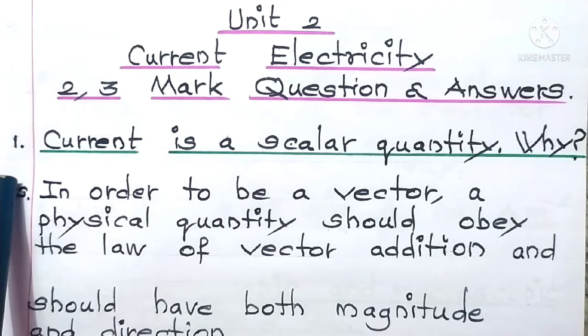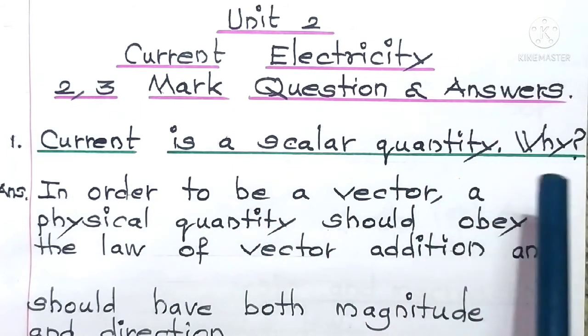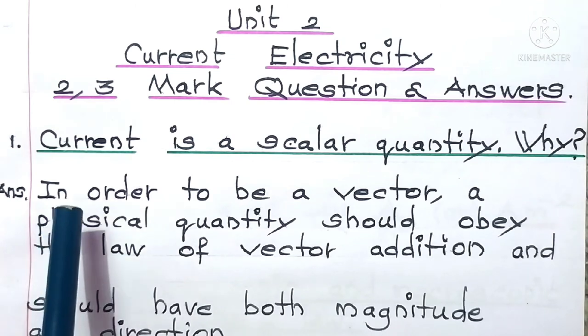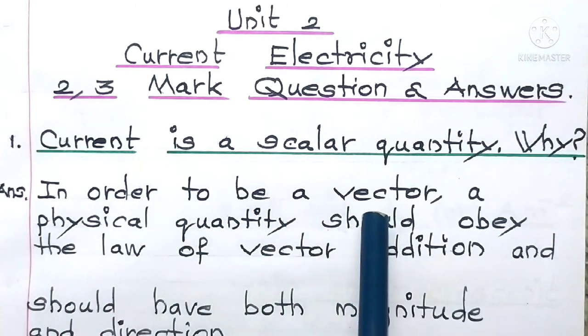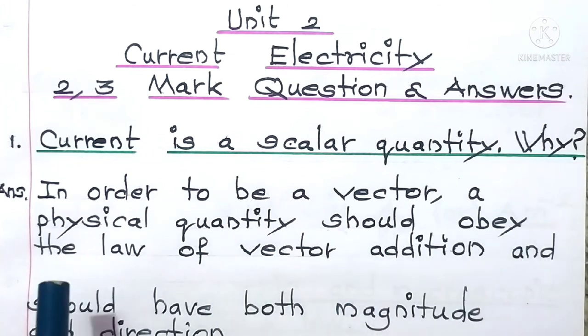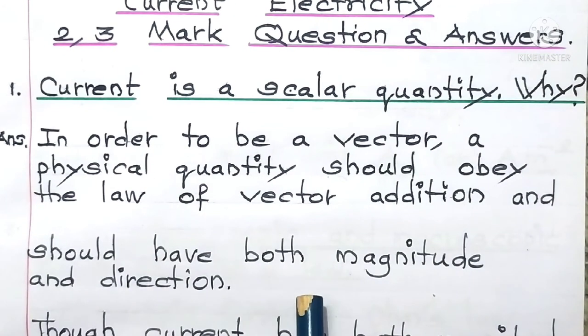Question number 1. Current is a scalar quantity. Why? Answer. In order to be a vector, a physical quantity should obey the law of vector addition and should have both magnitude and direction.